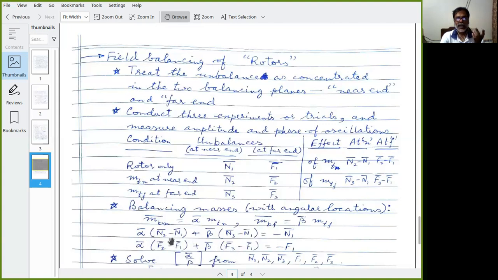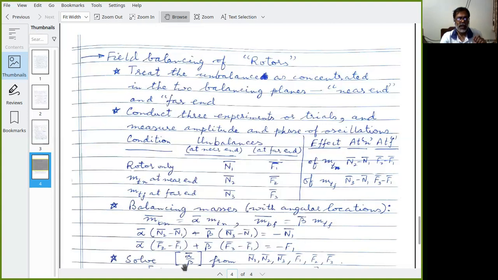Impose this. These are two complex equations in two complex numbers, alpha and beta, and you can solve them. If you are using complex arithmetic in your program, or if you have direct straightforward calculation of complex numbers, whatever kind of calculation facility you are using, then you can actually solve them as two equations, or you can always resolve into real and imaginary parts and get four equations and four numbers and solve whichever way.